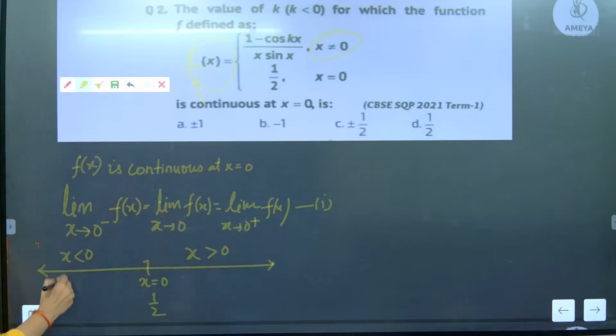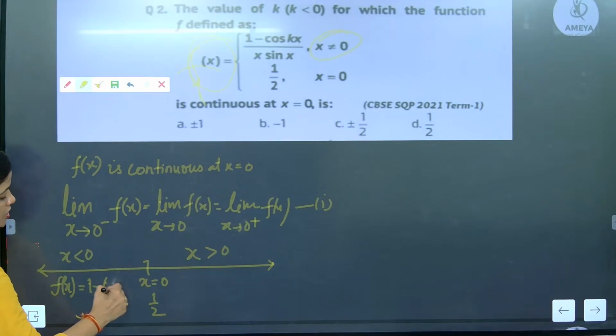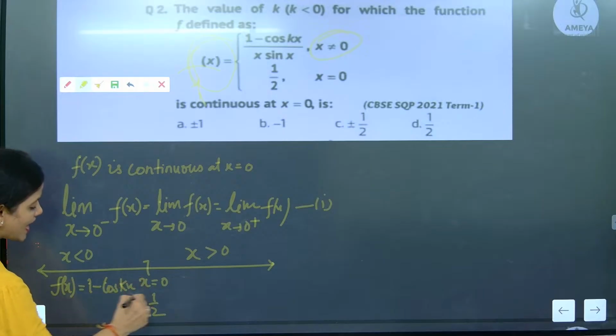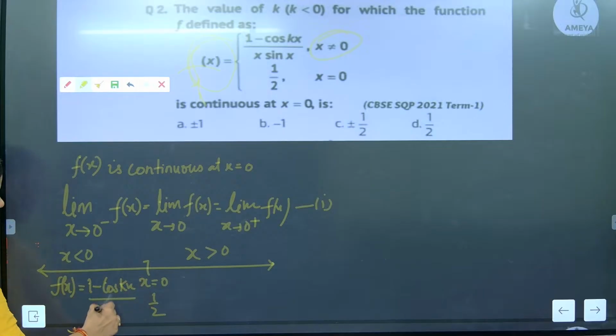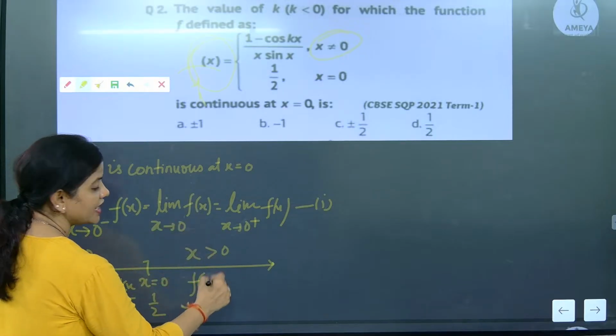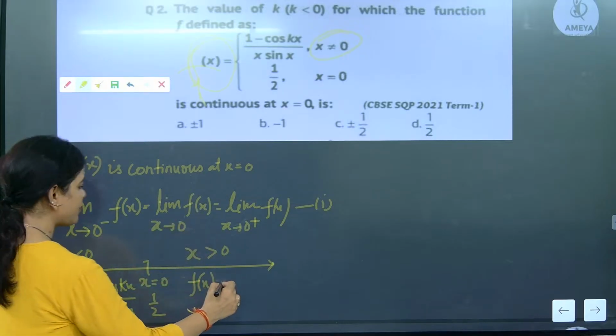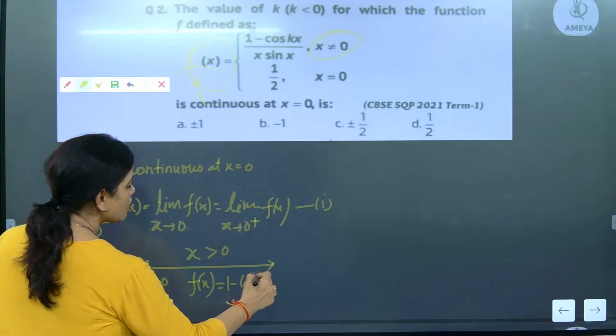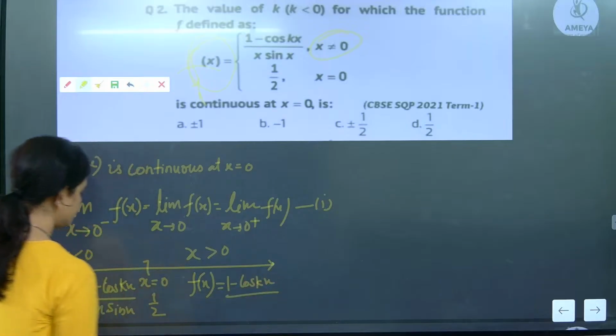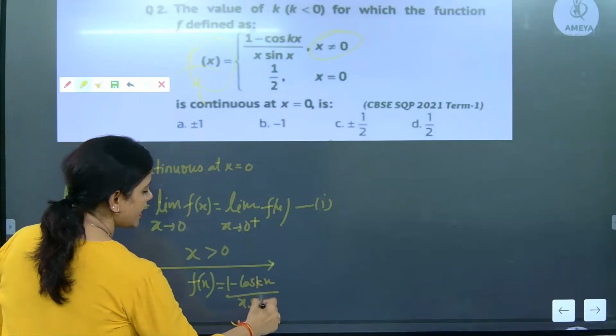So for x less than 0, f of x will take 1 minus cos kx by x sin x. For x greater than 0 also, f of x will take the same, 1 minus cos kx by x sin x.